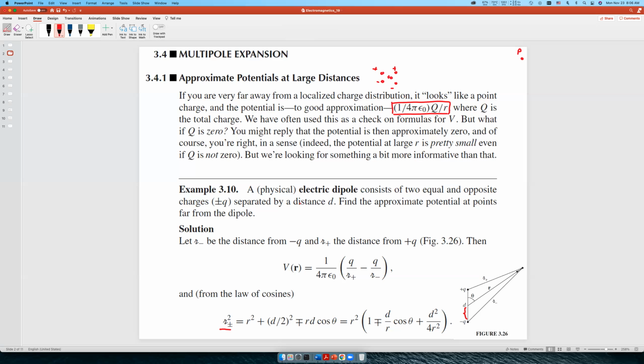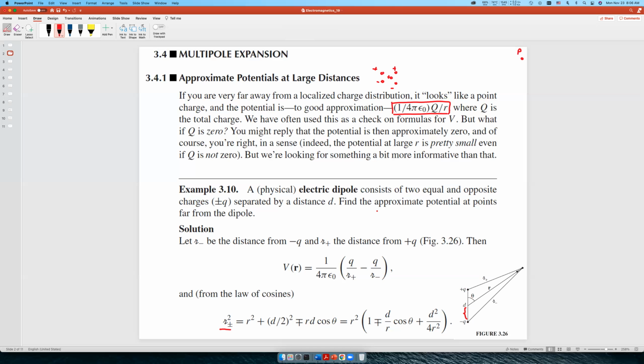Now let's see the easiest case. If you have an electric dipole, which consists of two equal and opposite charges, plus Q and minus Q, which is shown here in figure 3.26. You have plus Q and negative Q, and then it's separated by d.